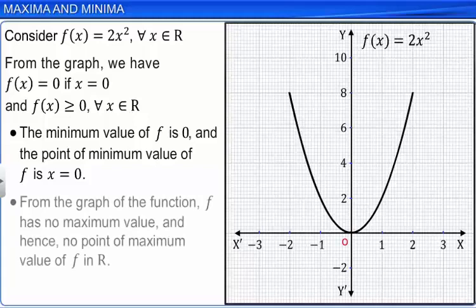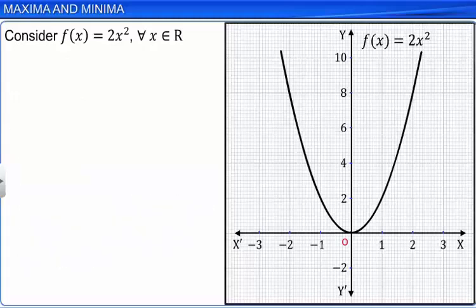It may also be observed that there is no maximum value for this function, since the value of the function increases as x increases from 0, and also the value of the function increases as x decreases from 0. However, if we restrict the domain of function f to some closed interval, then its maximum value also exists.